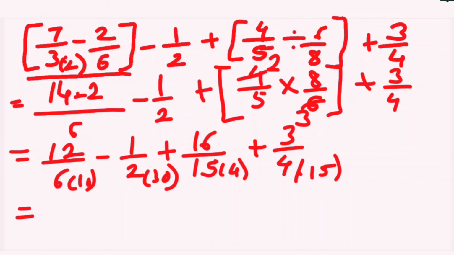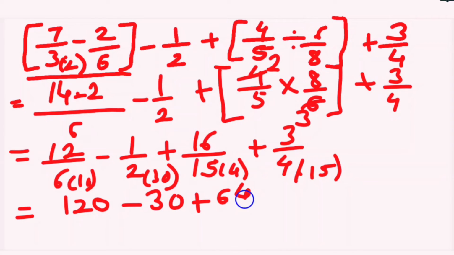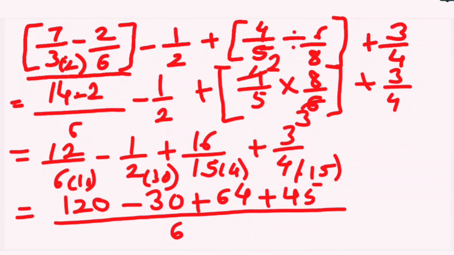So 12 into 10 is 120, minus 1 into 30 is 30, plus 16 into 4 is 64, plus 3 into 15 is 45 by 60. So it will give 199 by 60. So our left hand side is 199 by 60.